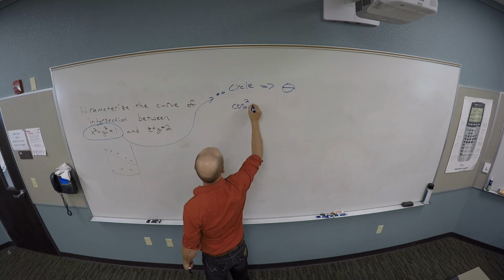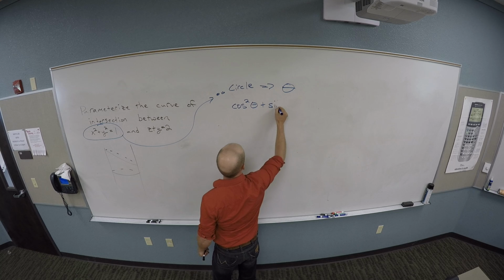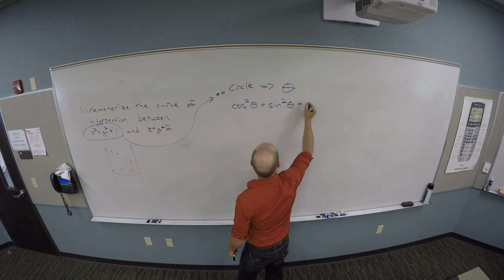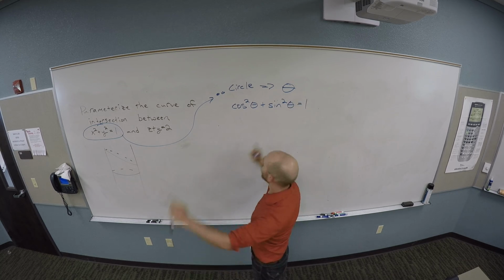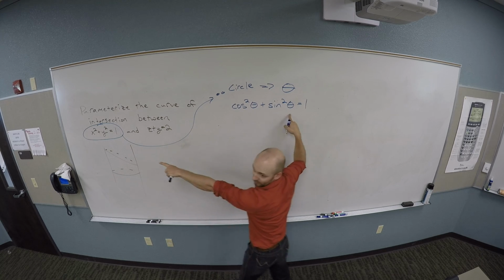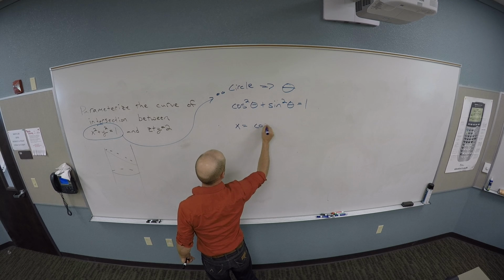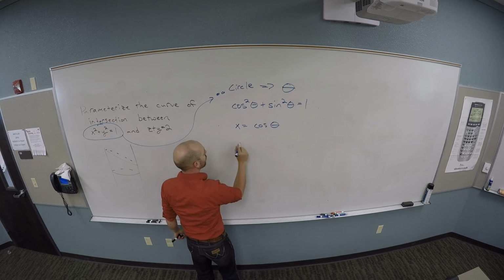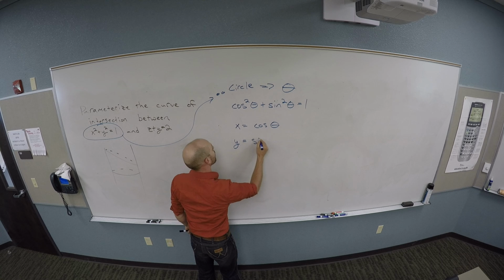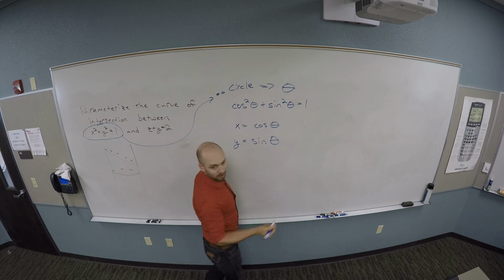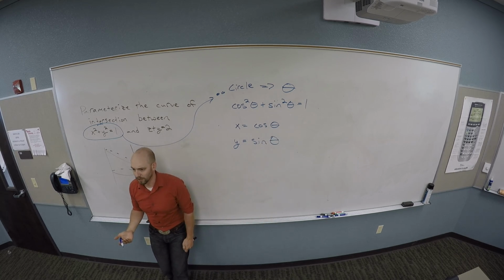That's the Pythagorean identity. This thing looks like that thing. So what are you going to let x and y be? Cosine and sine. So if I let x be cosine theta, I let y be sine theta. Forget the r. Where's the ellipse part of this coming in now?